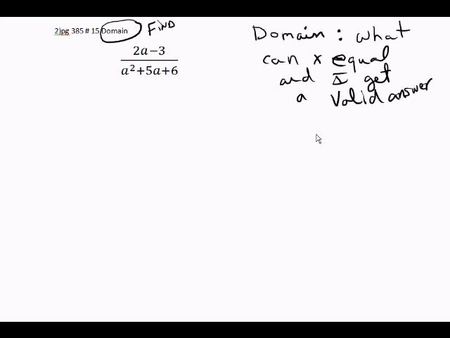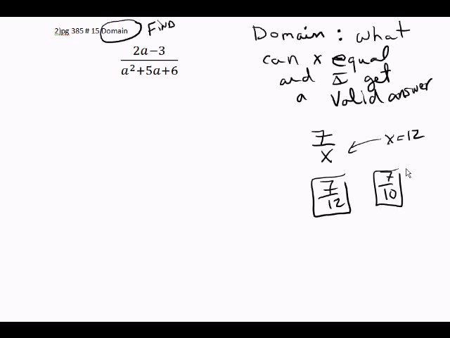So I'm going to do a couple over here on the side before we do this problem. If I said 7 over x, give me a number for x. Just say any number. Okay, x equals 12. 7 over 12. Is that an answer? Okay, it's a valid answer. Give me another x.